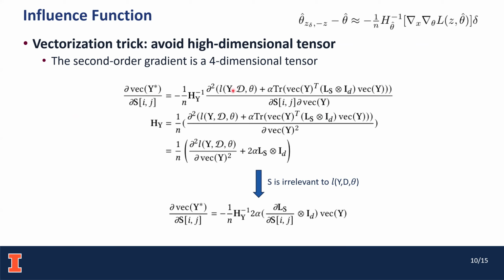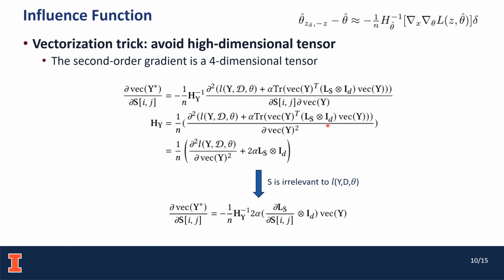That is minus 1 over n, where n is the number of non-zero entries in the similarity matrix, the inverse of the Hessian matrix, and the gradient of the loss function of InFoRM. So the L plus alpha trace here is the loss function from InFoRM with respect to the input x, which is S here.